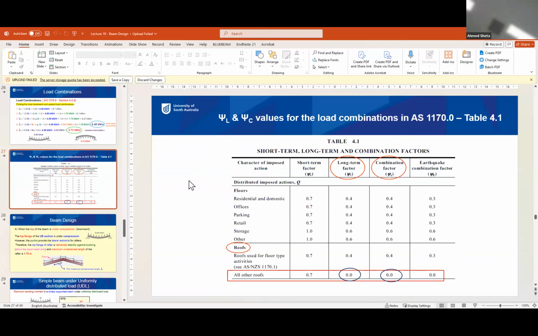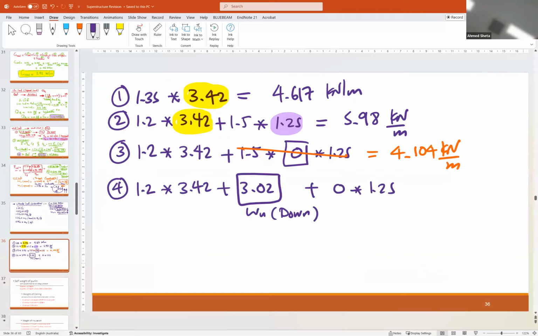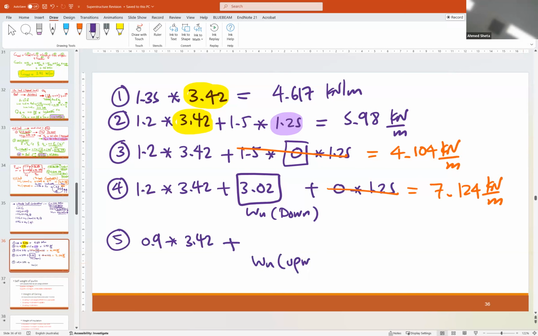So psi C and psi L are 0 for roof. So this term is 0. So we have this value equal to 7.124 kilonewton per meter.